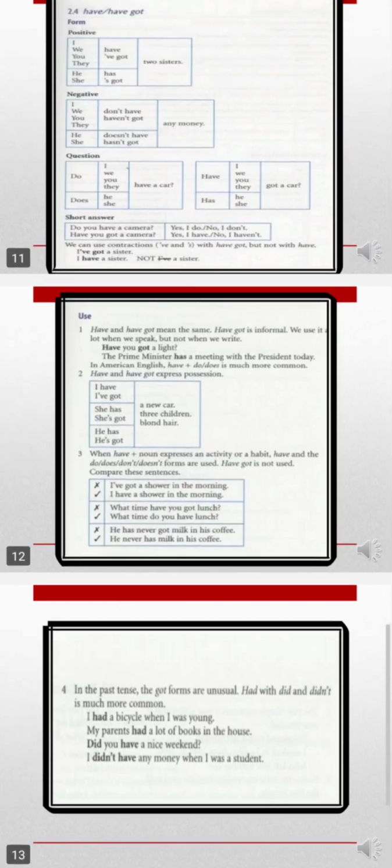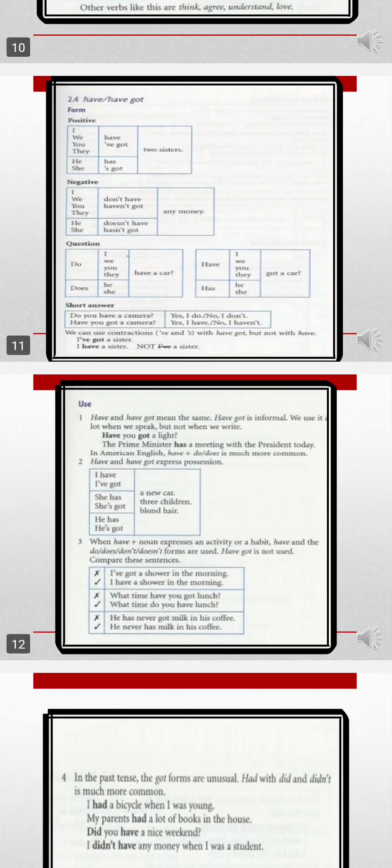Now I will explain have and have got. Its form in positive. For example, I have 2 sisters. I've got 2 sisters. We have 2 sisters. We've got 2 sisters.